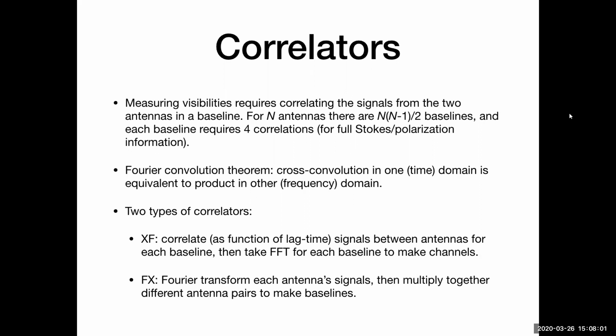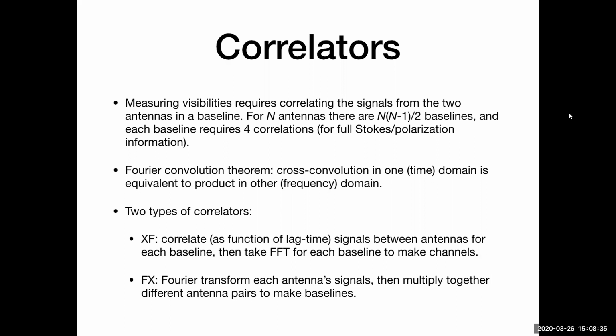And assuming we have two orthogonal antennas to get the full polarization, you end up with 4 correlations on each baseline. If you have X and Y dipole antennas, you correlate the X of antenna 1 with the X of antenna 2, the Y of antenna 1 with the Y of antenna 2, but you also correlate the X and the Ys across the antennas as well. So you get the 4 correlation products to get the full Stokes information, the full polarization.